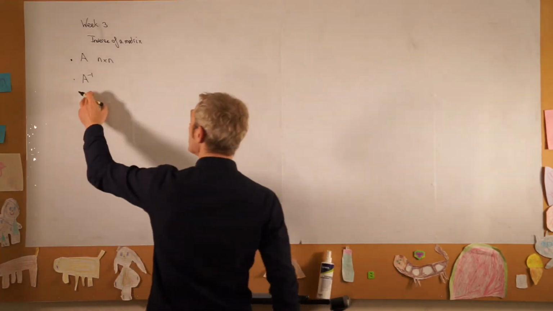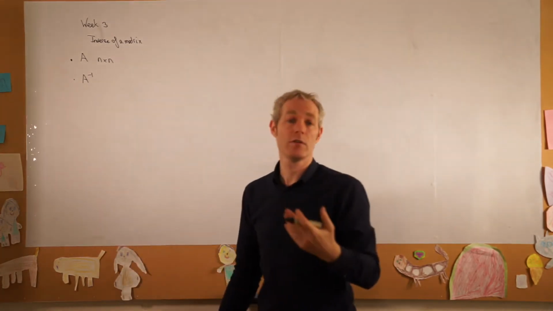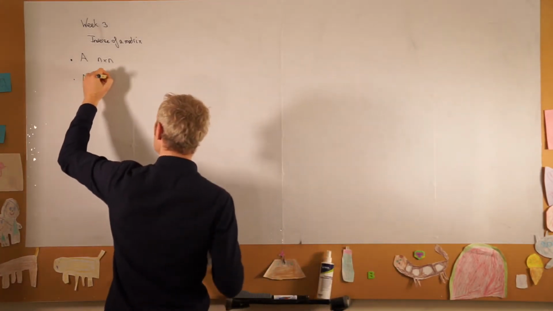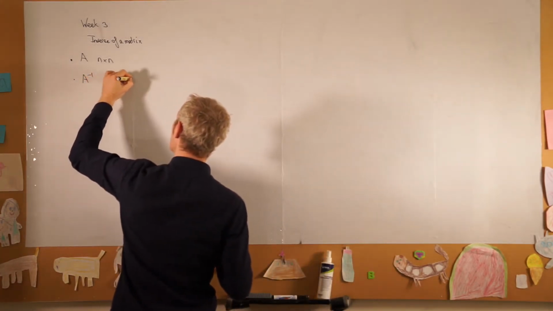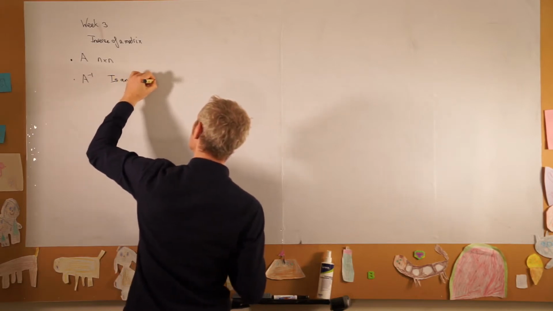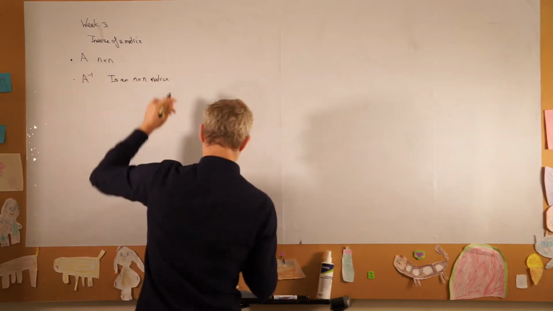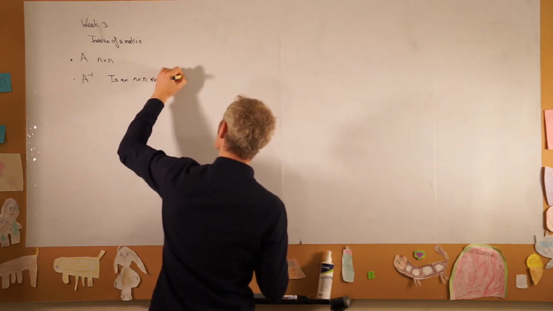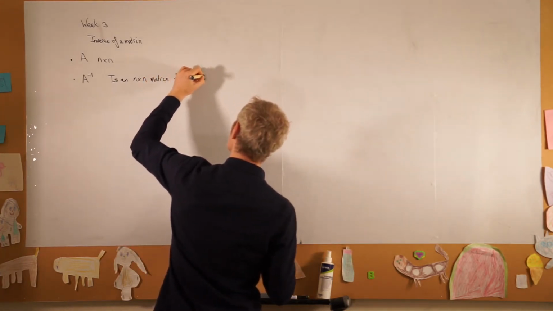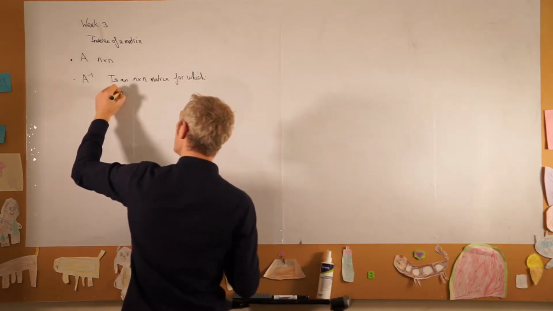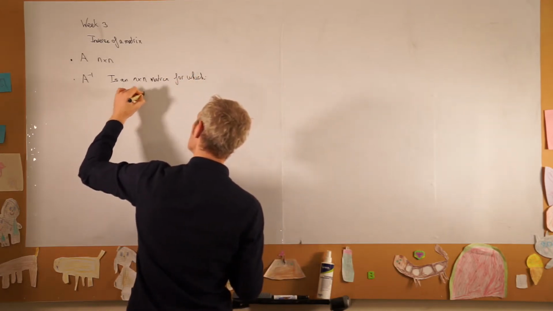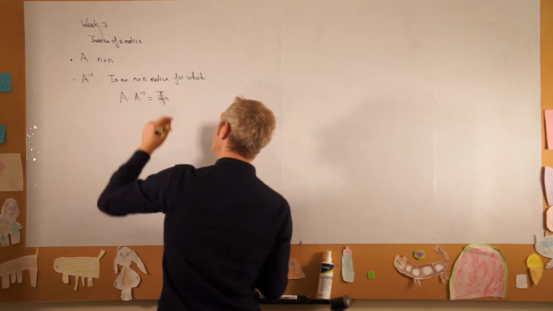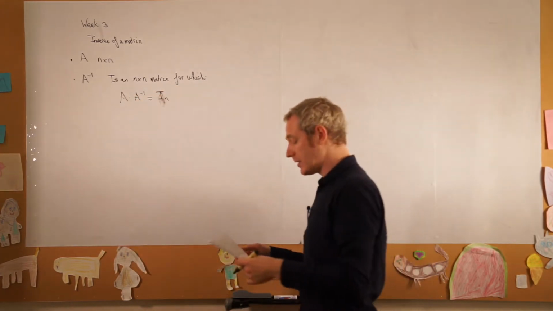Now, the inverse of a matrix A, denoted by A to the power of -1, is an n by n matrix for which, if we multiply A times A inverse, we get the n by n identity matrix.